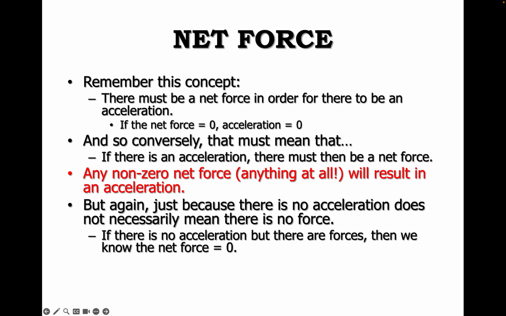Also remember that just because no acceleration is occurring does not necessarily mean there is no force. We just know that there's no acceleration happening, but if forces are occurring, then we know that the net force is zero. An example that we've used before is holding a front plank. I am producing force with my abdominal muscles to keep my torso in the air.